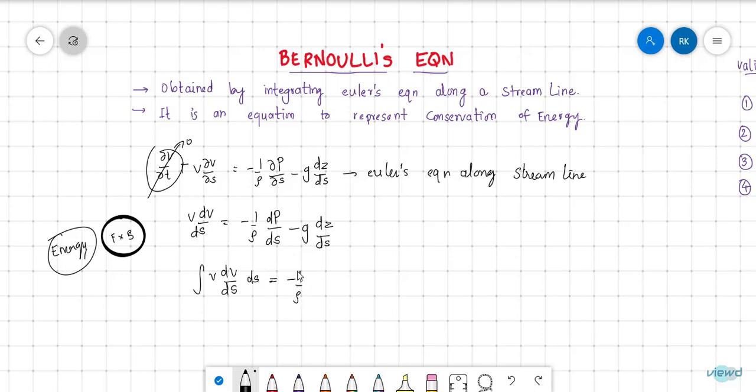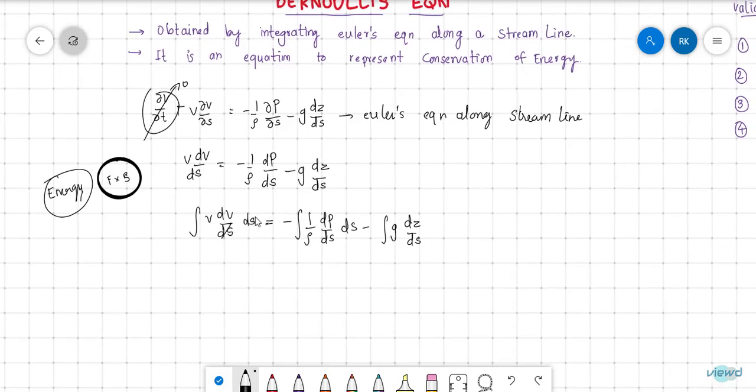minus integral of 1/ρ dp/ds minus integral g dz/ds. So ds gets cancelled, and here also ds gets cancelled. So integral v dv is v²/2, which is equal to minus integral of dp/ρ.